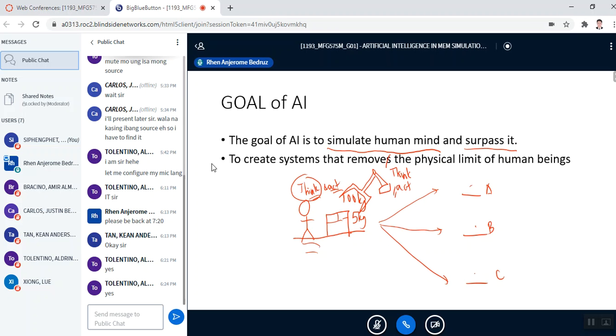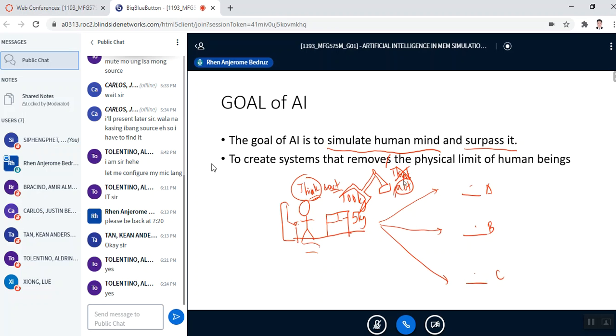It could only act. That's why normally there is an operator operating this robotic arm. The operator would be the one who thinks, and the robot arm would be the one who acts.